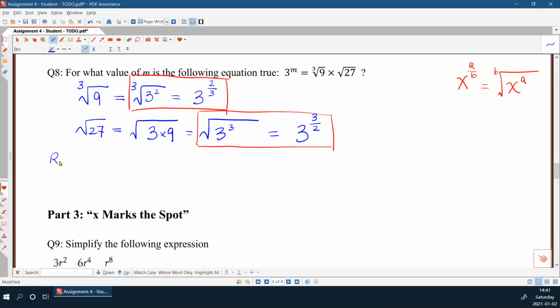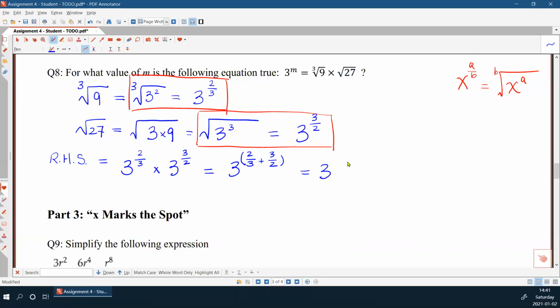So the right-hand side is 3 to 2/3 by 3 to 3/2, which gives us 3 to the addition of these two numbers, right?